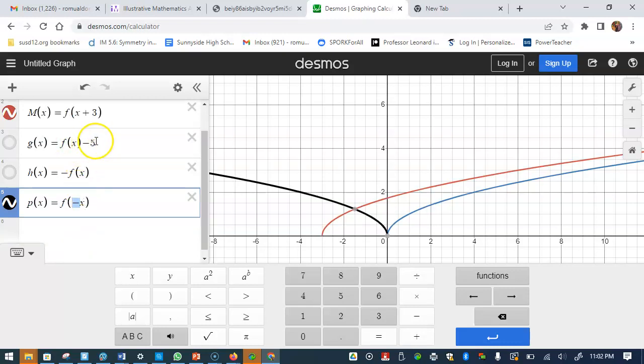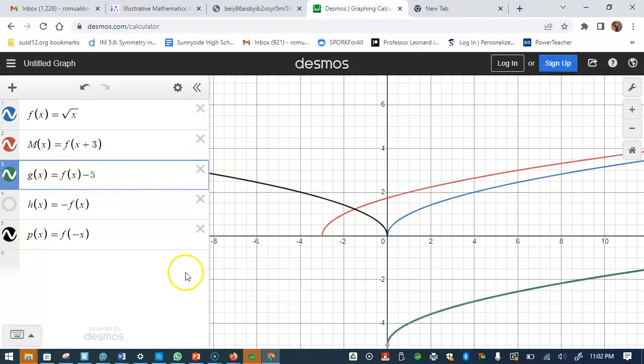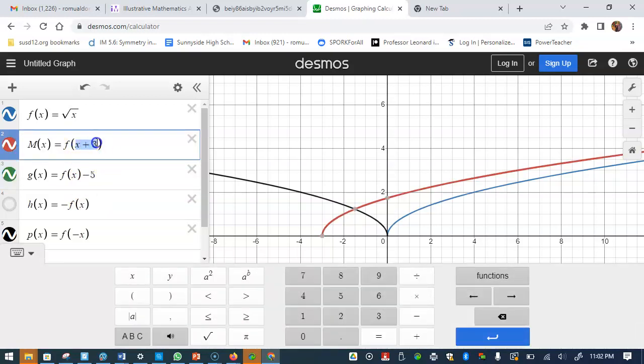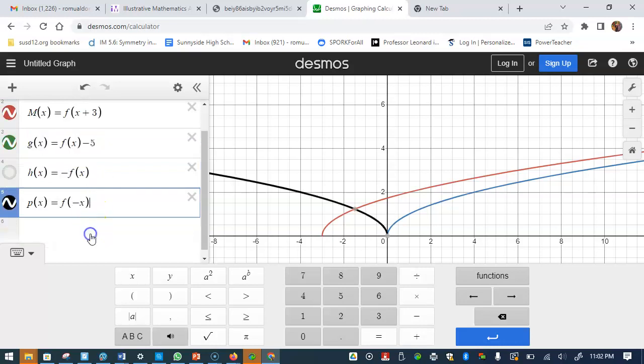But if x stays the same and there is a number, negative 5, by itself, that lowers the graph 5 places down. So that's the difference between the number next to the input, where the graph goes left or right, called phase shift or horizontal shift, and this means up and down. This means reflects over the x-axis. This reflects over the y-axis.